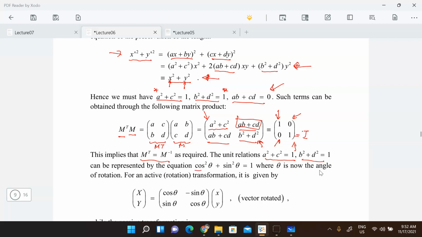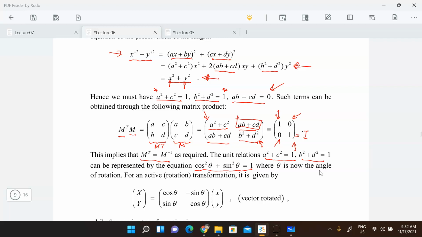It reminds you of a trigonometric identity, cos squared plus sine squared equals 1. So all you need is to identify what A, B, C and D are.